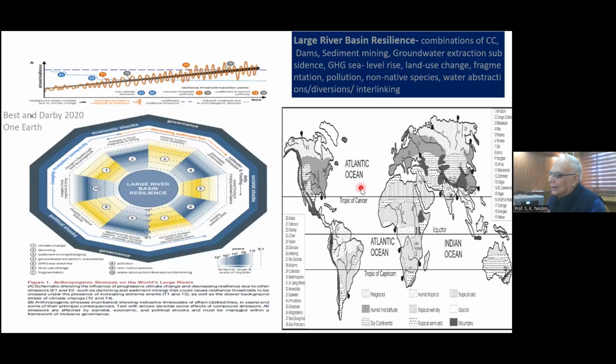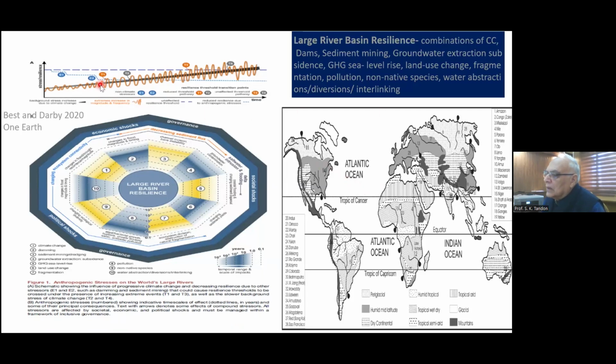So, looking at all of this, one of the key challenges in front of us is the resilience of large river basins. There's a map of the world where large river basins, about 35 of them, are the fundamental resource for humanity, and how to look at that.